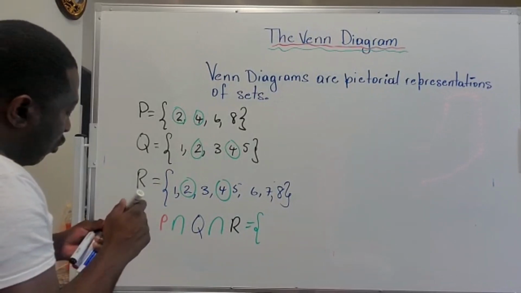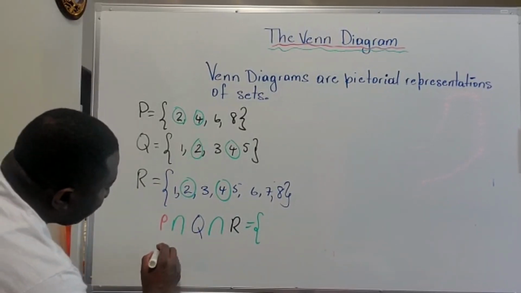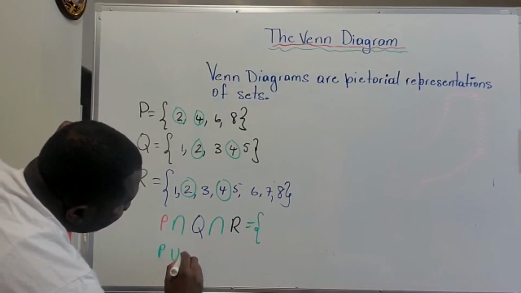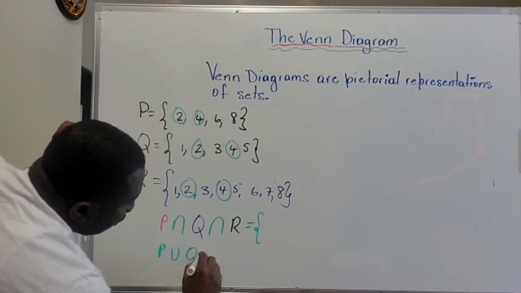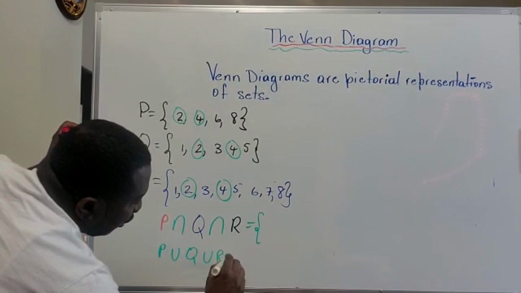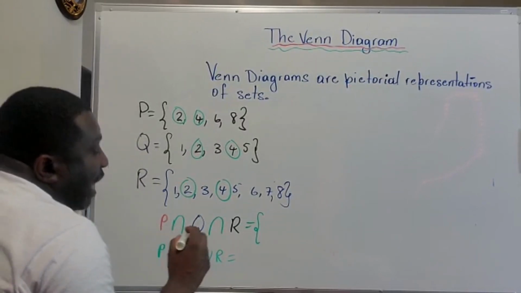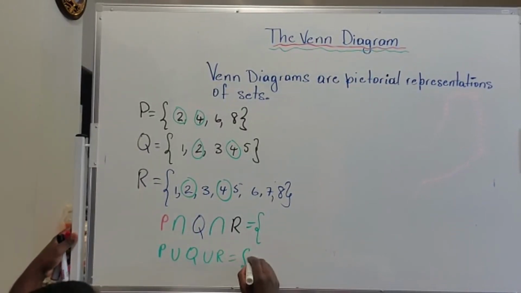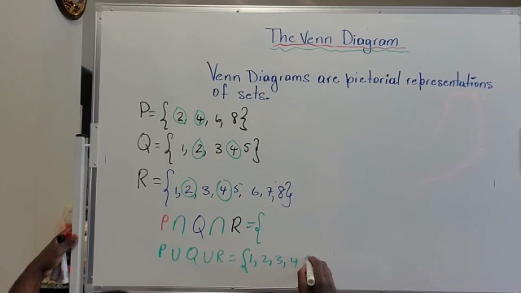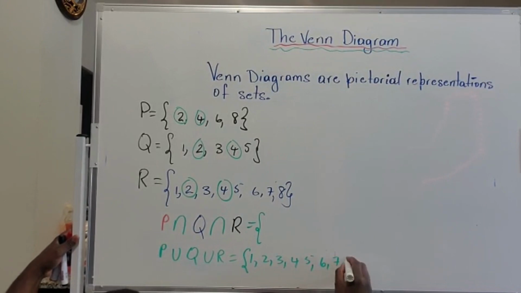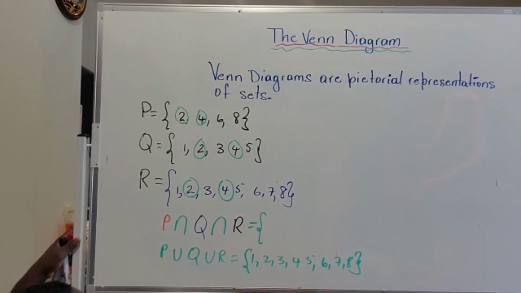And what about the union? P union Q union R. We're going to put all elements combined. So this will go from 1, 2, 3, 4, 5, 6, 7, and 8.